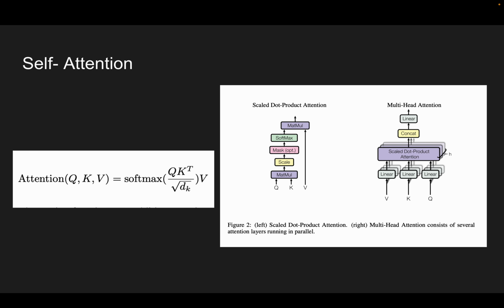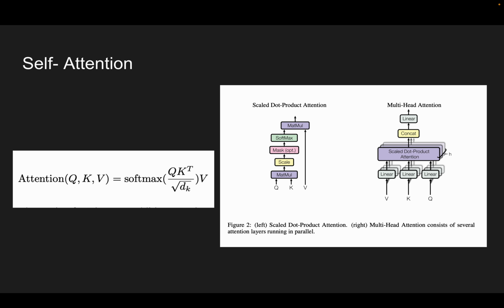Each token's query is matched against the keys of all other tokens to determine a score that represents how much focus or attention one token should pay to another. Now, the attention weights are then applied to the value vectors, which actually carry the information content of each token. This mechanism ensures that the representation of each token is enriched by the most relevant parts of the sequence.